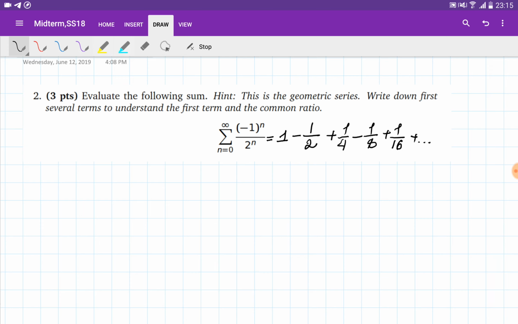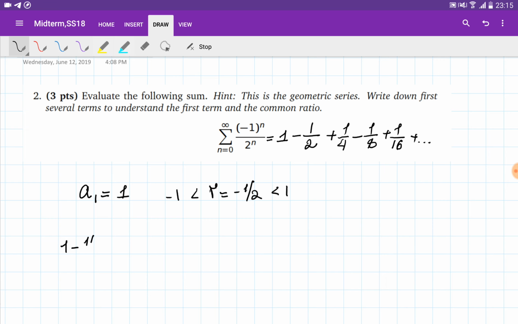So this is an example of a geometric series where the first term is equal to 1 and the common ratio is equal to minus 1 over 2. When we are dealing with a geometric series with the common ratio between minus 1 and 1, we can use the formula in order to find the sum, right?